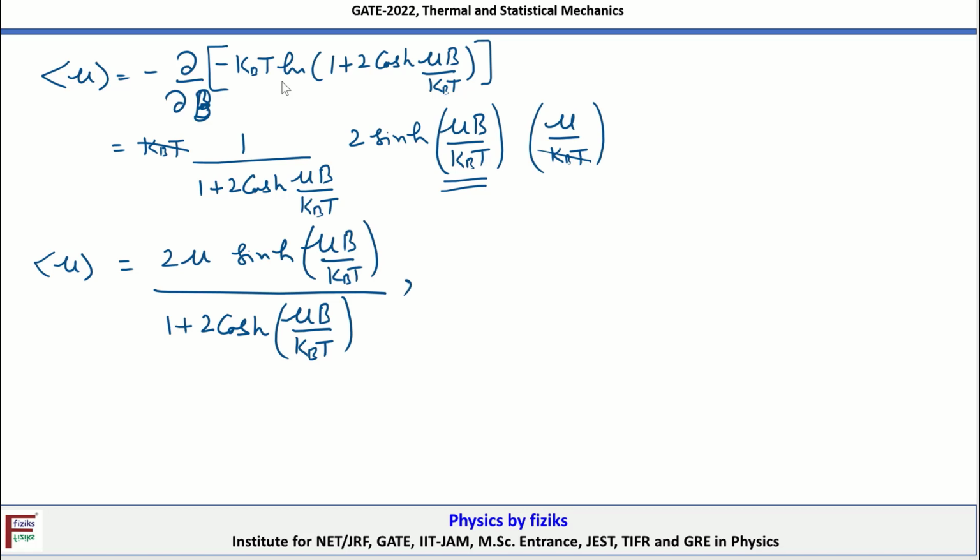But now here we have to make use of the approximation that's given in the statement of the question. And what is that? We are given that mu B by kB T is much smaller than unity.